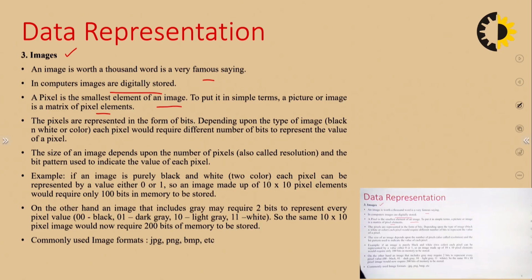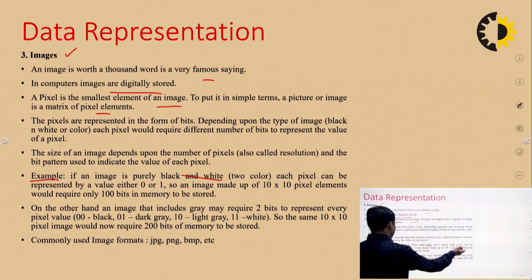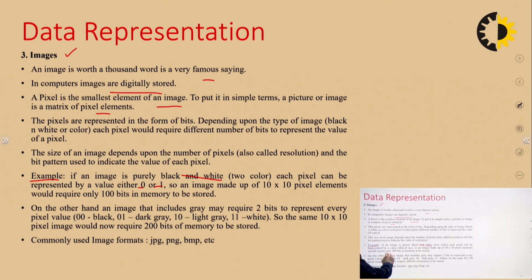For example, in a purely black and white image, each pixel can be represented by a value of either 0 or 1. So an image made up of 10 by 10 pixels would require only 100 bits in memory to be stored. On the other hand, an image that includes gray may require 2 bits to represent every pixel value: 00 for black, 01 for dark gray, 10 for light gray, 11 for white.